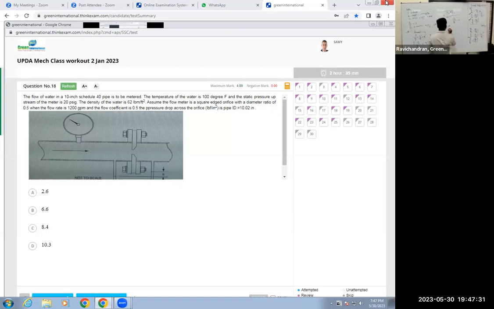Delta P by rho, I am taking this outside, V2 minus V1 by 2 square.